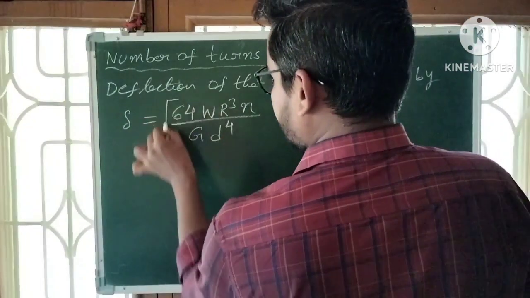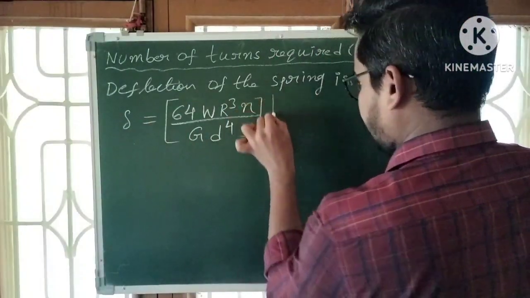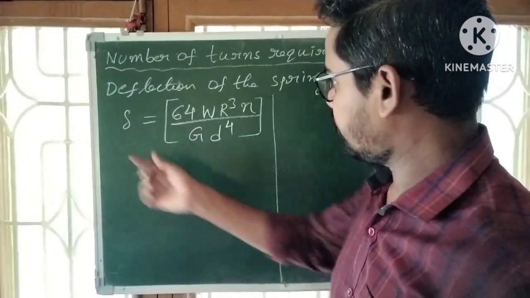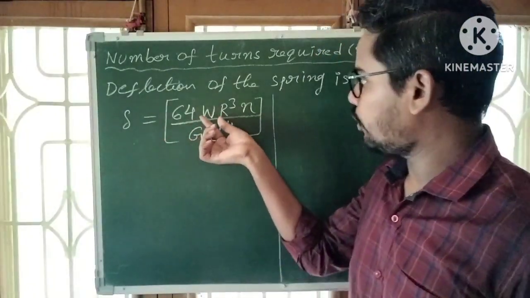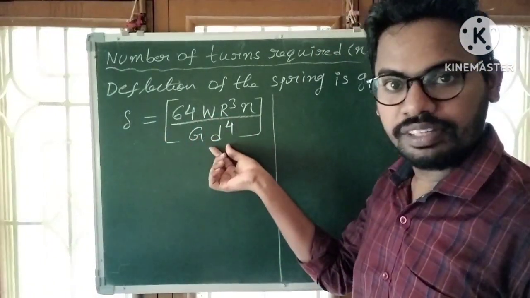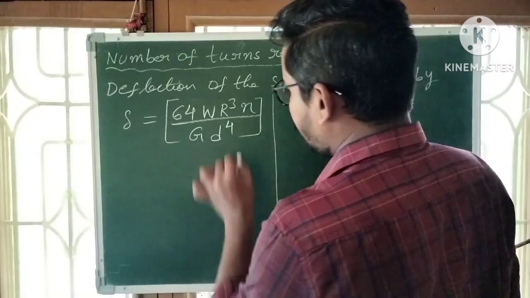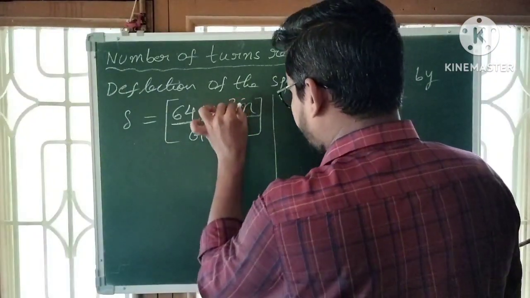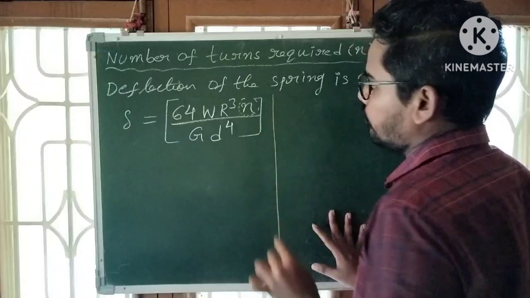Okay, this is the deflection formula. Here the only unknown is n. What is n? Here n is number of turns required.